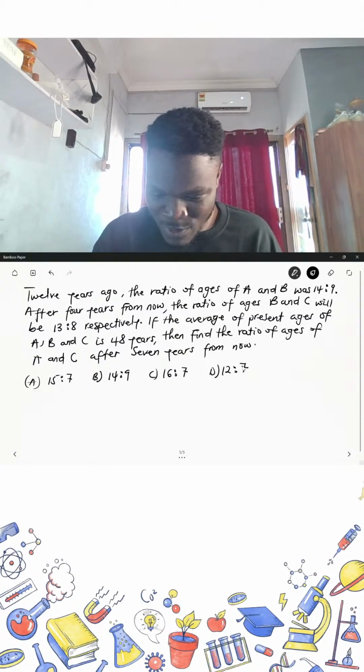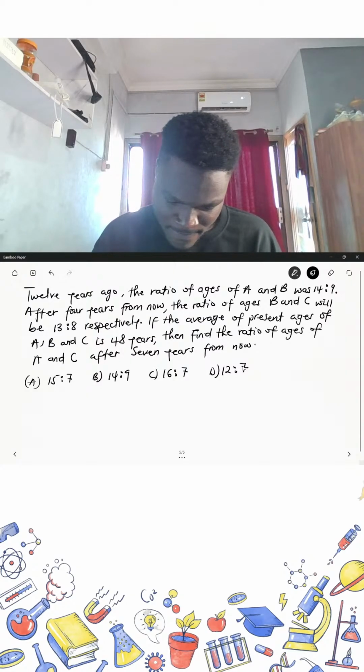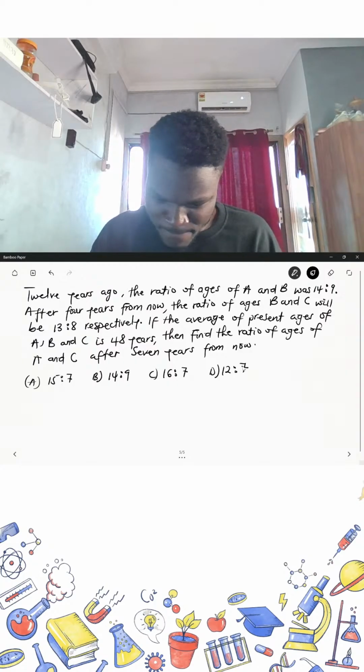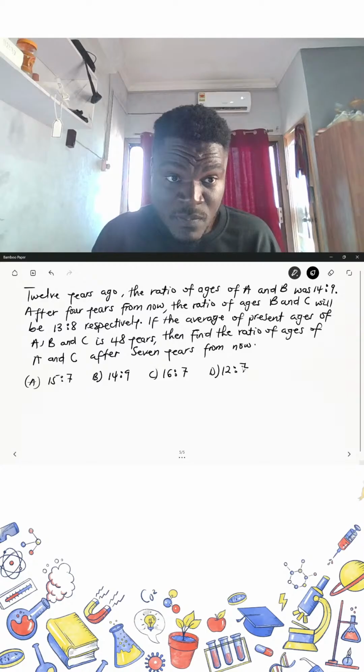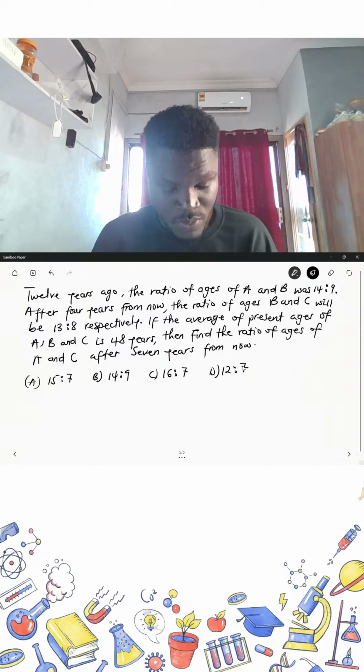Let me also take some time to see if I can work out the solution. So 12 years ago, the ratio of ages of A and B was 14 to 9.